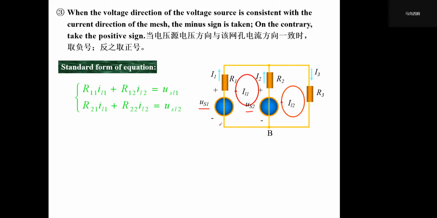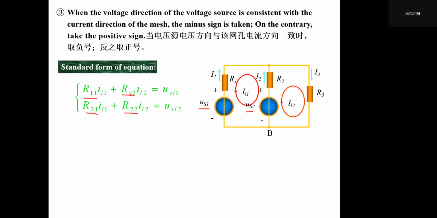So we can transform this method into a standard form. We can list it like this: R11, R22 are the self-resistances, which are always positive, and R12 and R21 are the mutual resistances between two meshes. So they are identical.